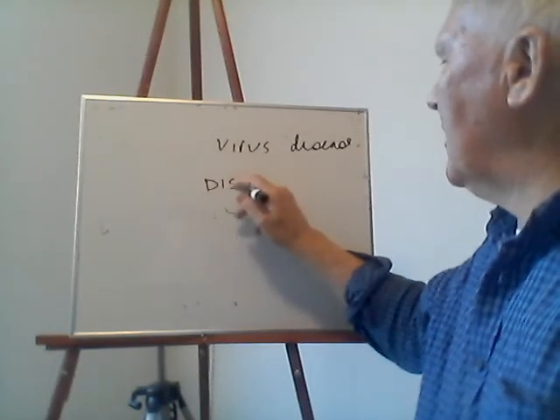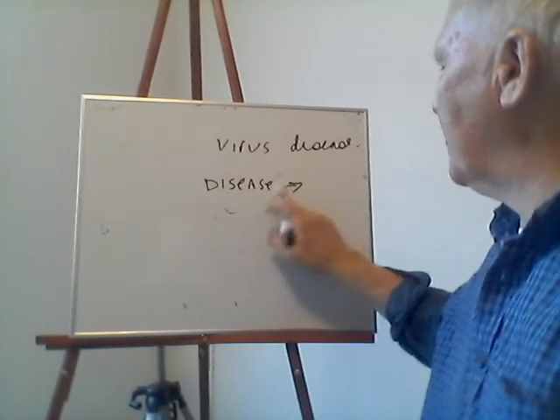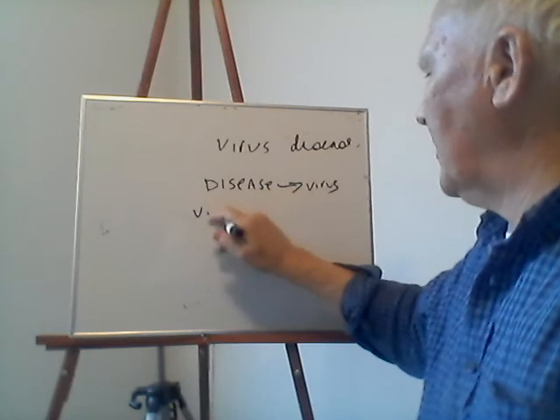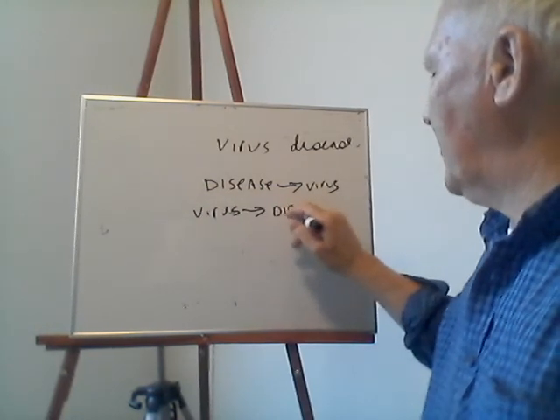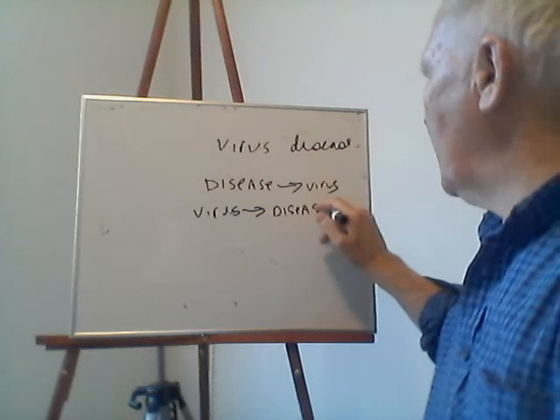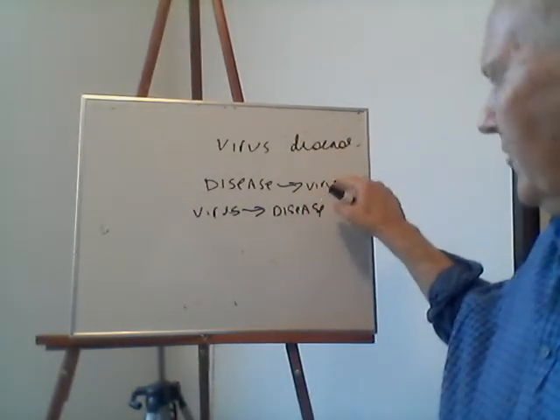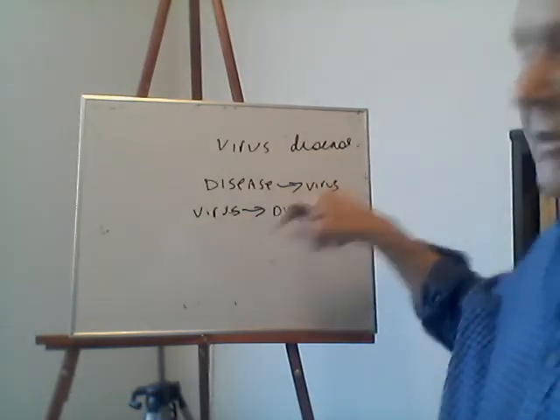If someone gets the disease, then they were exposed to the virus. Or should they be thinking this way? If they were exposed to the virus, then they got the disease. If they're thinking the first way, they're looking for a necessary cause, because this is necessary for this. If they're thinking the second way, they're looking for a sufficient cause.